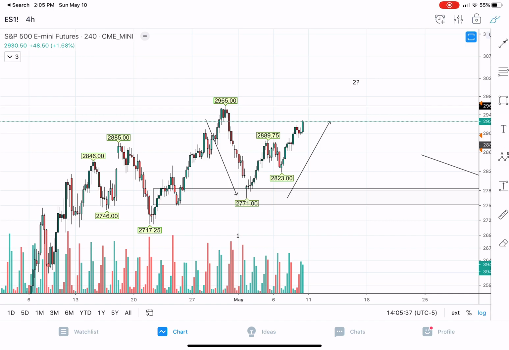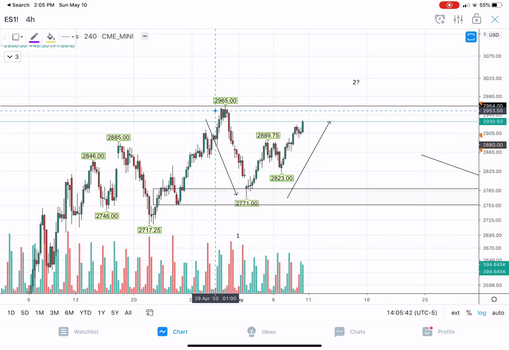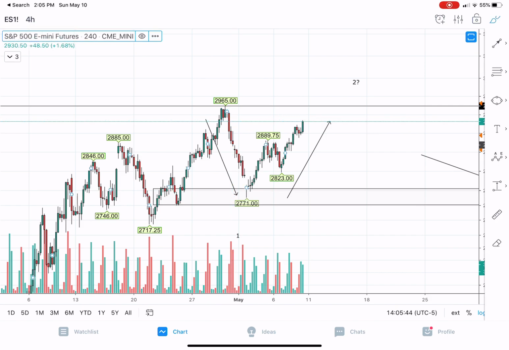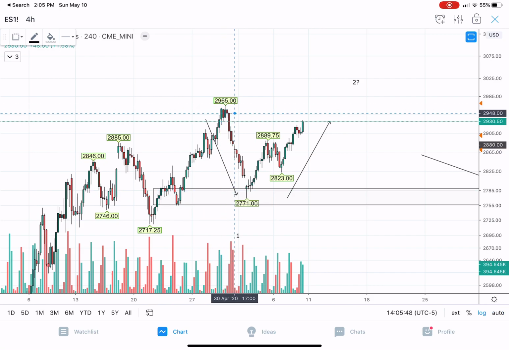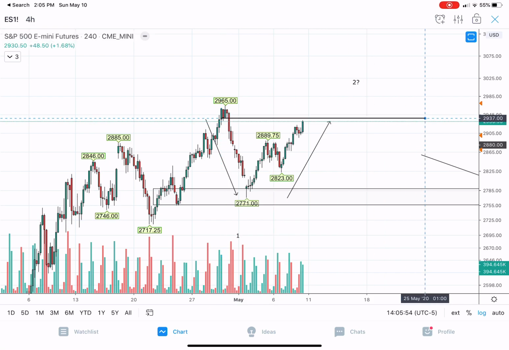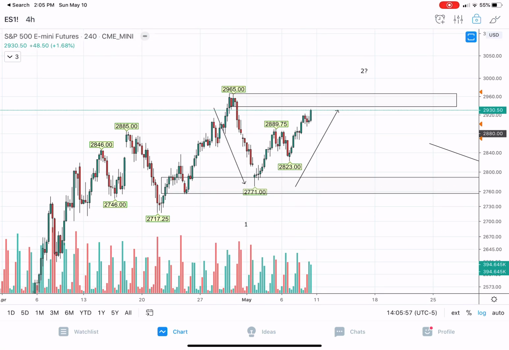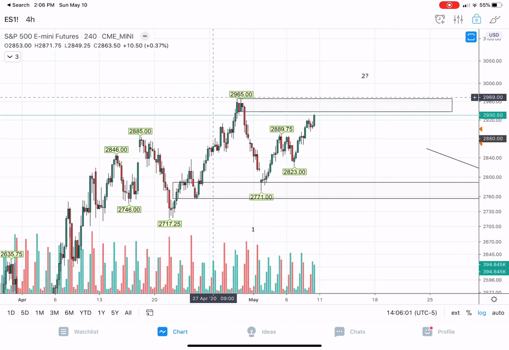Now look at what happened as a result of the rejection from the weekly supply zone. It formed a rally base drop supply zone right here at the 2938 level. So we get our original sell here.